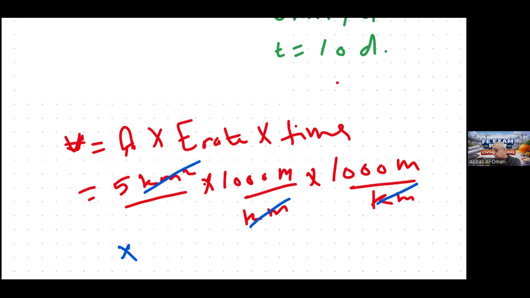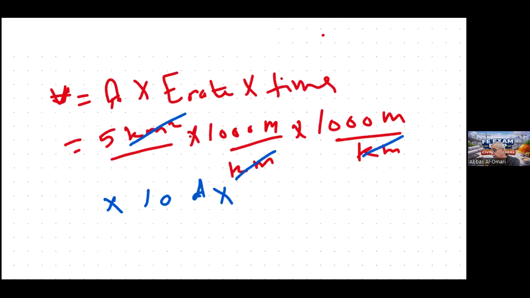10 day. And also we multiply by the evaporation rate, which is 6 millimeter per day. So the day cancels with the day.